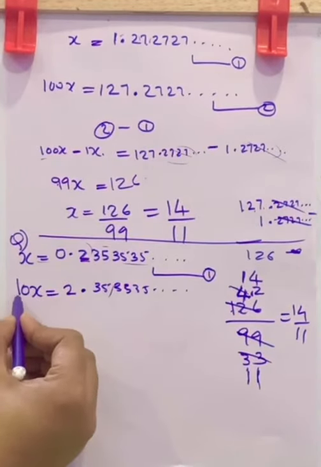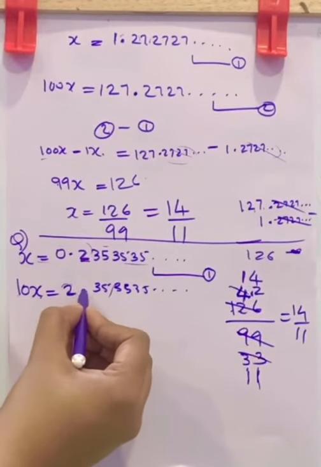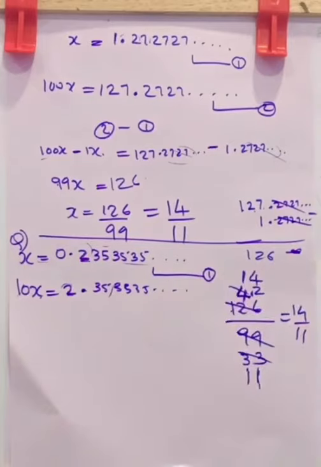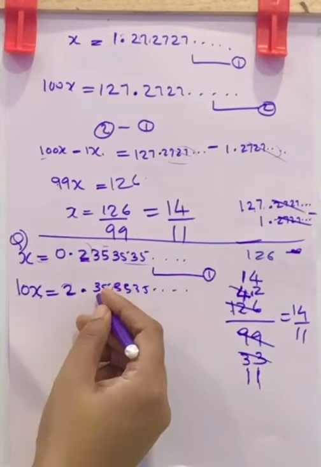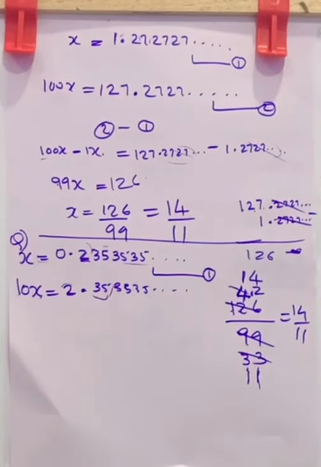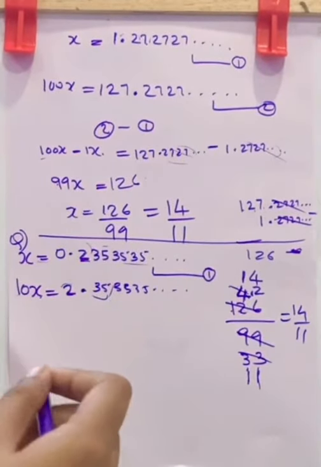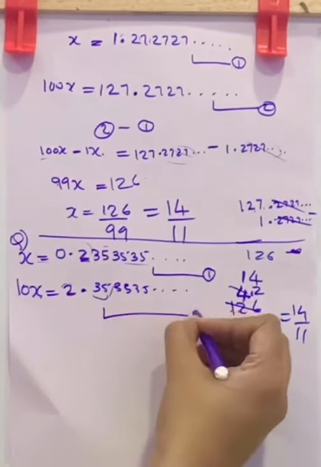So you multiply it with 10x and you made it as 2 point repeating numbers. Now next, you want to check how many numbers are repeating. So 2 numbers are repeating. So multiply it with 1 and 2 zeros, that is 100. So this is equation 2.